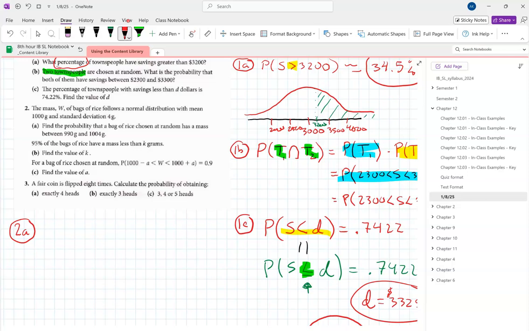2, part A says the mass W of bags of rice follow a normal distribution with mean 1,000 and standard deviation 4. So I can write that. Everybody's good? Find the probability that a bag of rice chosen at random has a mass between 990 and 1004.